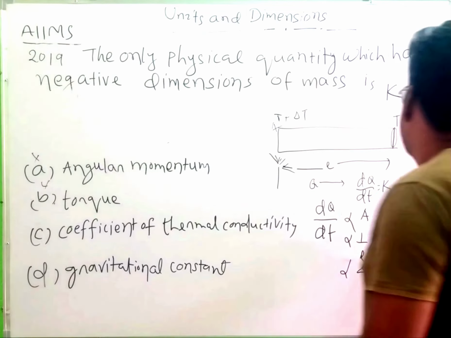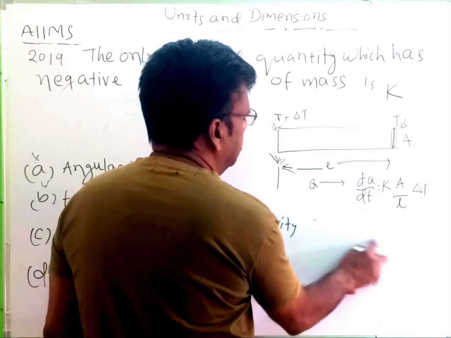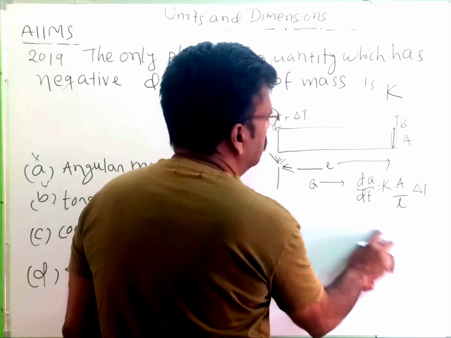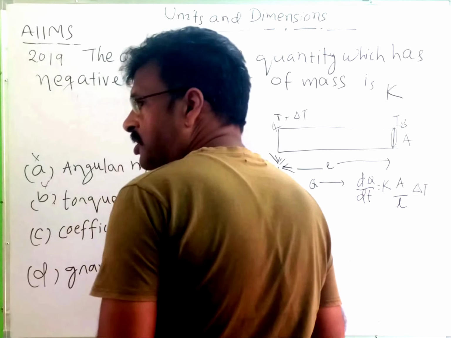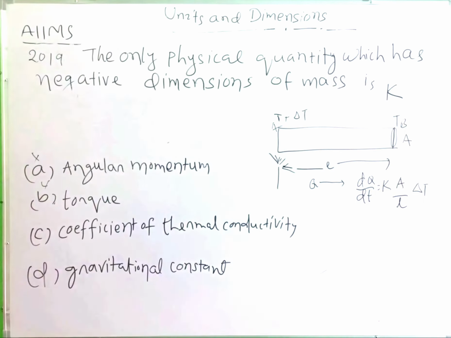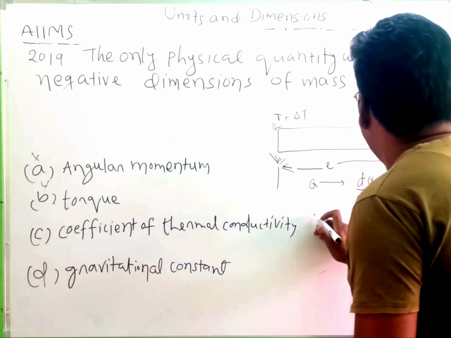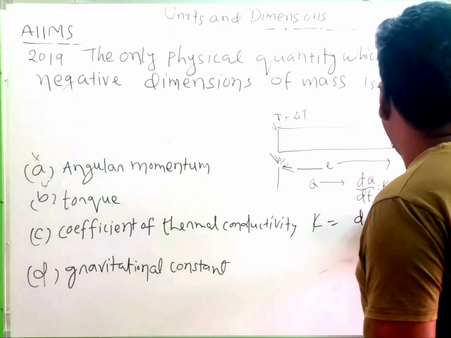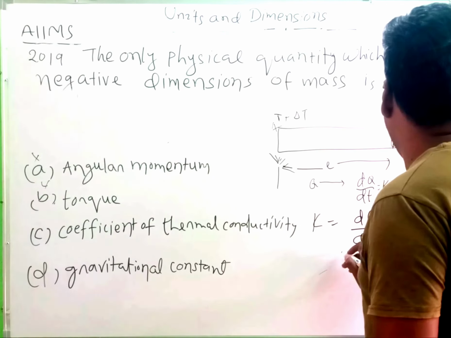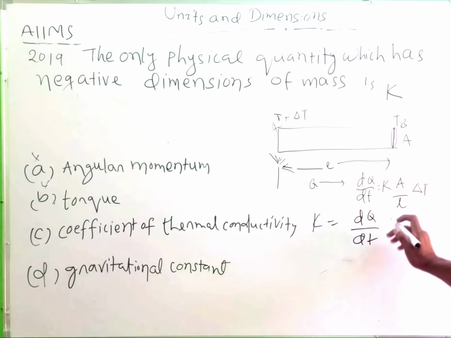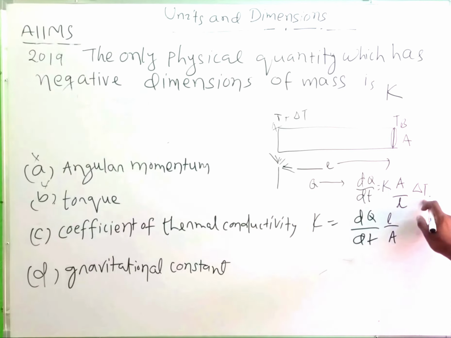From this formula we can get the formula for the coefficient of thermal conductivity. So the formula for K will be equal to dQ by dt, into L by A, into 1 by delta T.